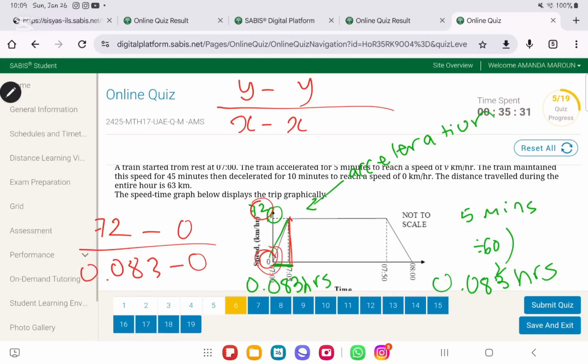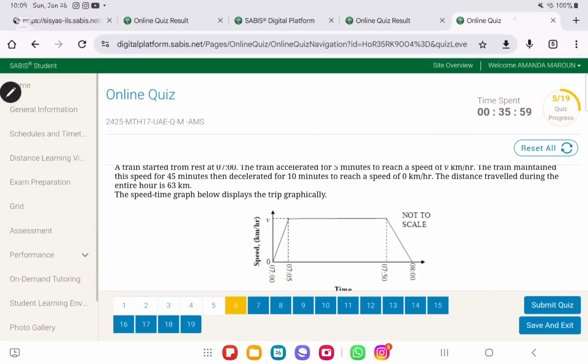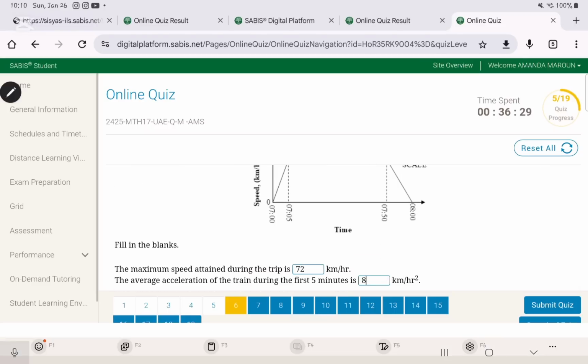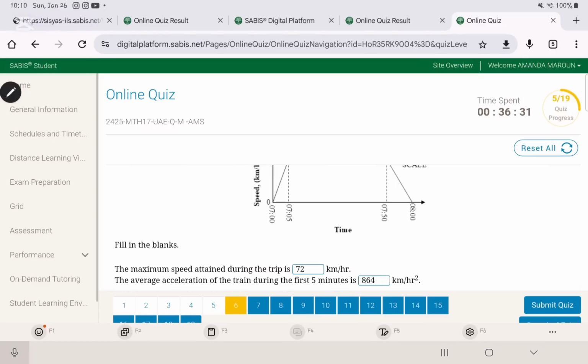So if you put it on your calculator, you are going to get an approximate answer of 864. Now here, look, pay attention. If you did 72 divided by 0.083 by itself, okay, you are going to get what? An answer of 867.5.